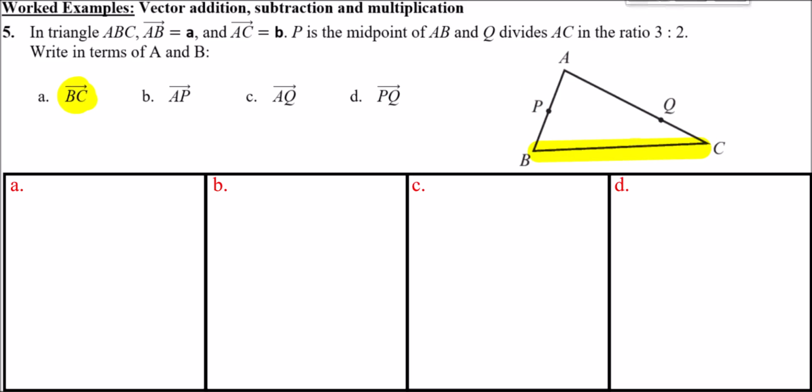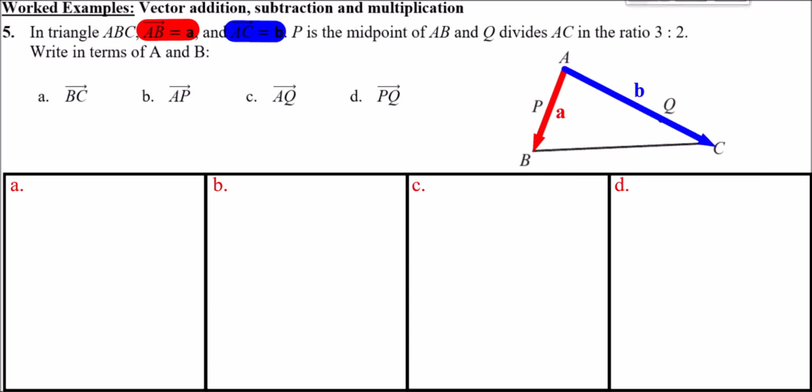Now what I'm going to do here is actually write on what we've got. So from A to B is A, and from A to C is B. So even though we want to go from B to C, I'm just going to write on this information here, that from A to B is A, and from A to C is B. So just adding this on, we have this.